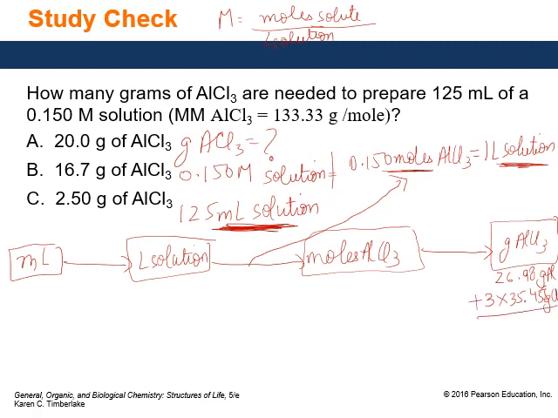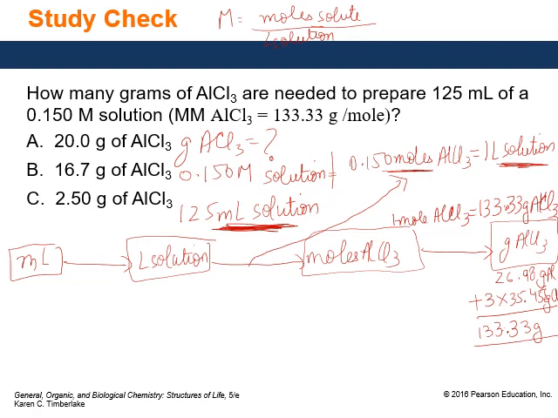You add both of these together, and that gives you a mass of 133.33 grams. So that means my conversion factor here is going to be 1 mole of AlCl3 equals 133.33 grams of AlCl3. Okay, so that is my conversion factor.